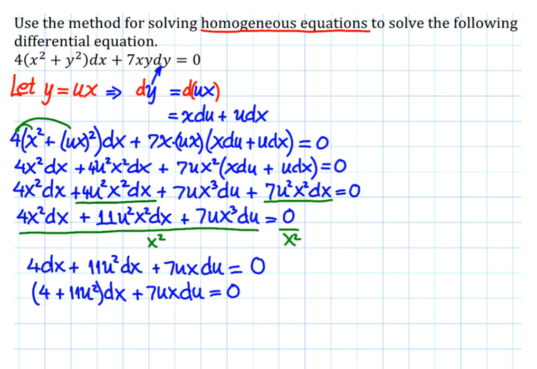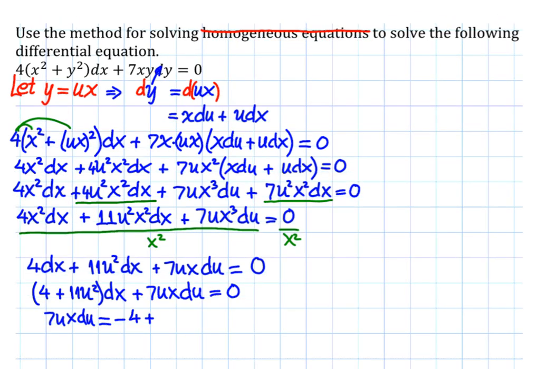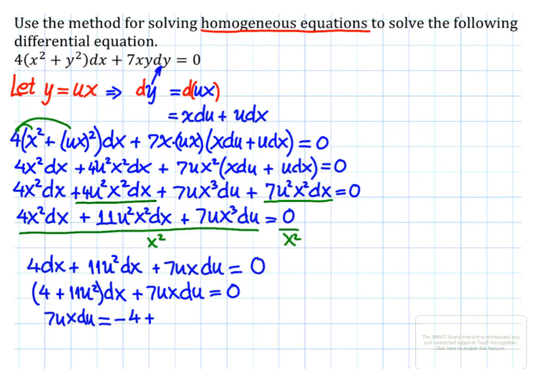So I have 7ux du equal to negative 4 plus 11u squared dx.